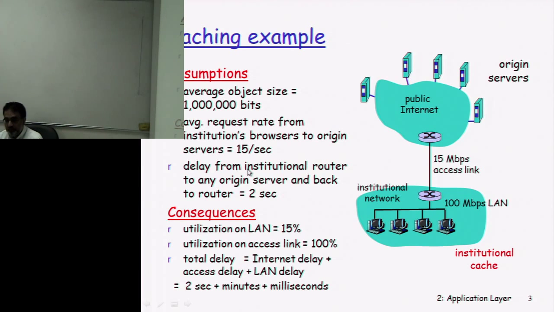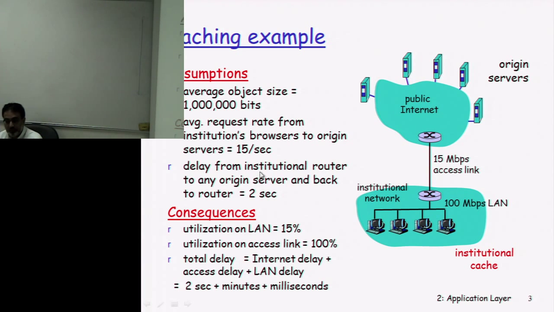Then there is the delay from the institution router: when the client's request gets out of the institution router and goes to any of these origin servers, the response is returned back to the router.